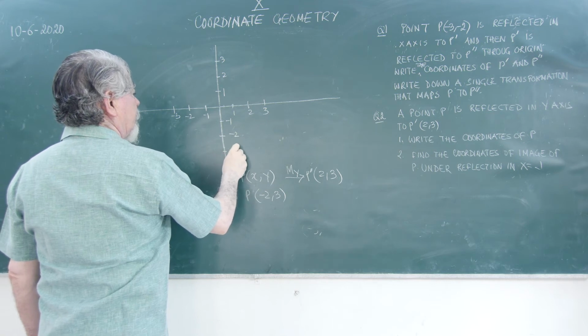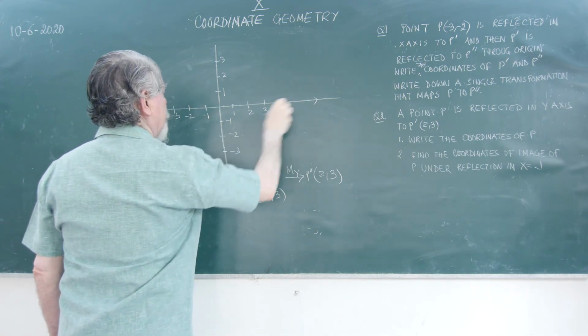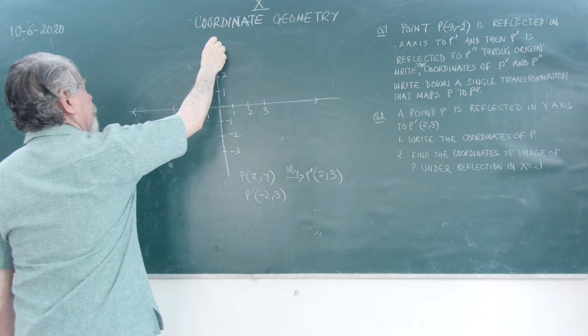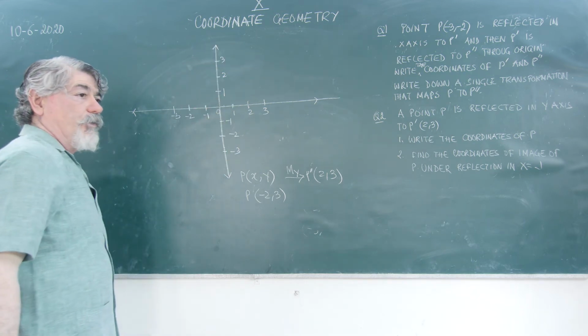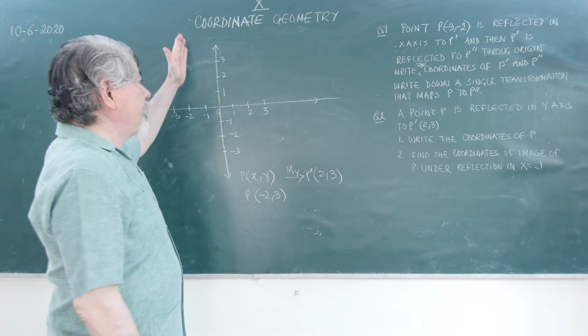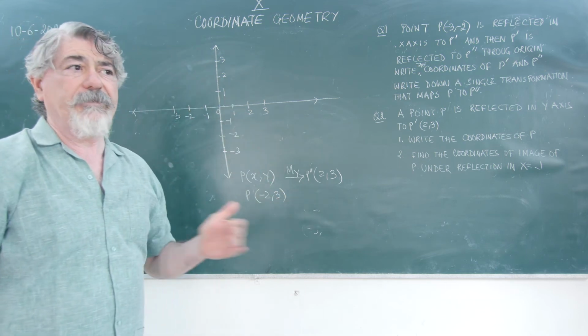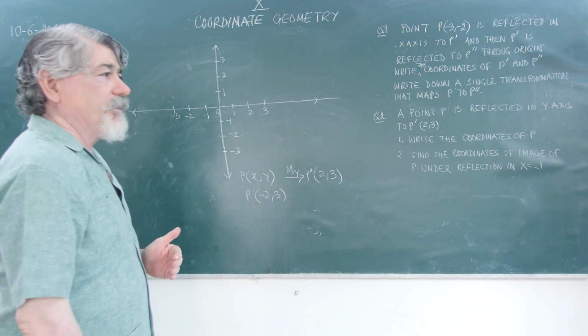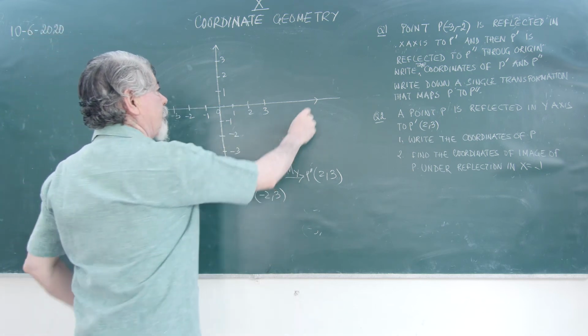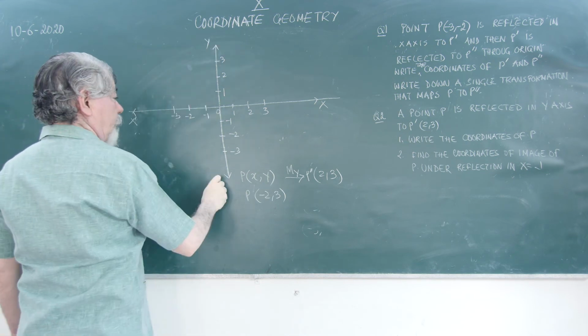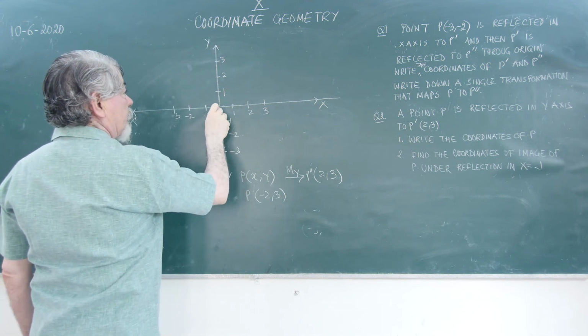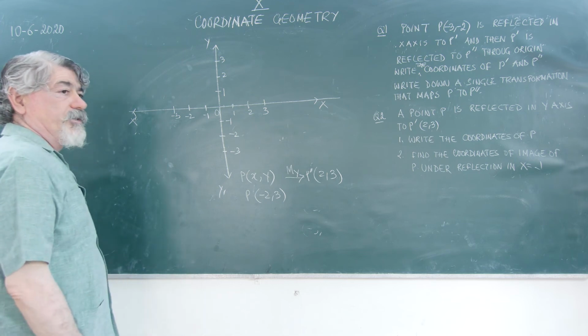I told you these are number lines which are perpendicular to each other. One is a horizontal number line, one is a vertical number line, and they make the axes, x-axis and y-axis. This is x, x dash. This is y, y dash, and this is the point O, which is the origin.